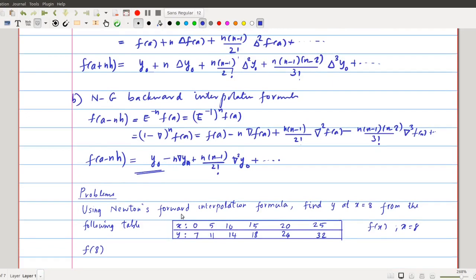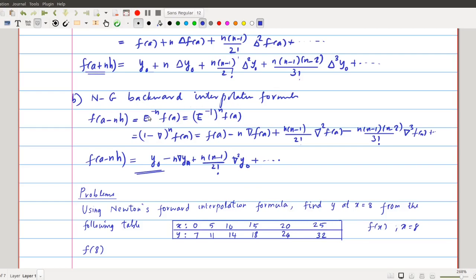So if this 8 comes from the first part of these subintervals, we use the forward interpolation formula to evaluate f of 8, okay. That means we compare f of 8 with this formula. Suppose in order to evaluate the value of f at x equal to some 23 or 17, we will use the Newton-Gregory backward interpolation formula.